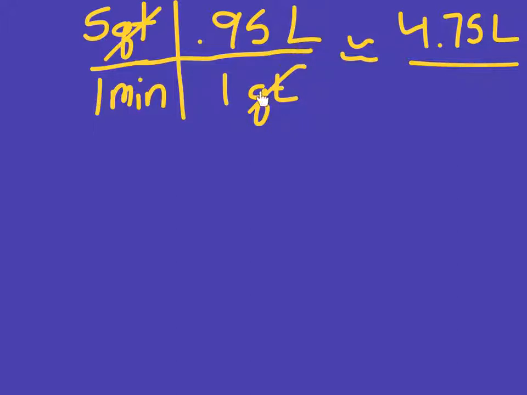And then what's left on the bottom is 1 times 1, and my unit is minutes. So 1 times 1 is just 1 minute. Okay? So the heart pumps 4.75 liters of blood every minute. Pretty fascinating, huh?